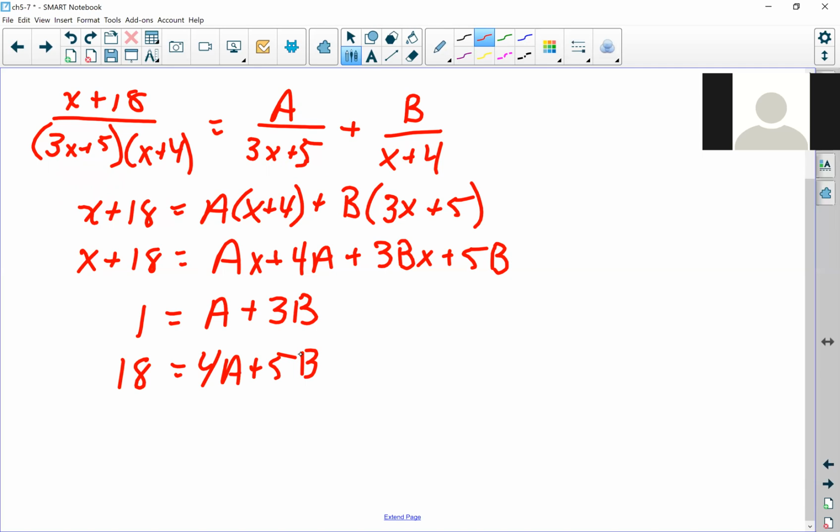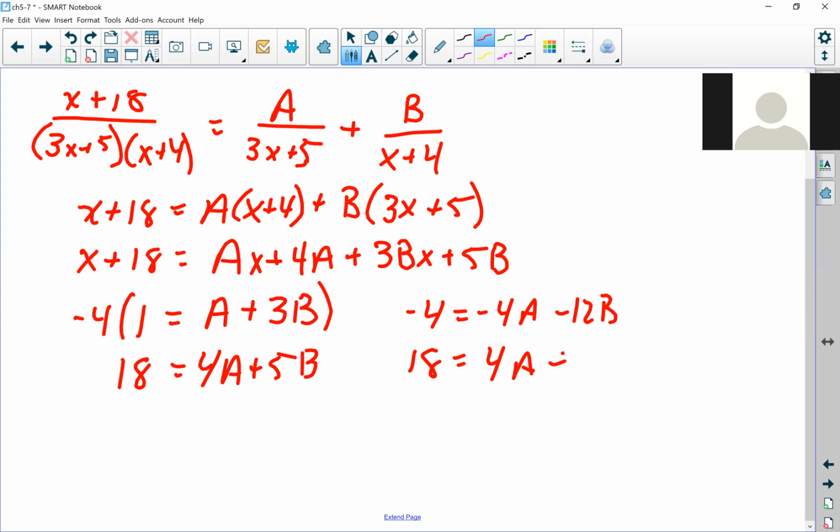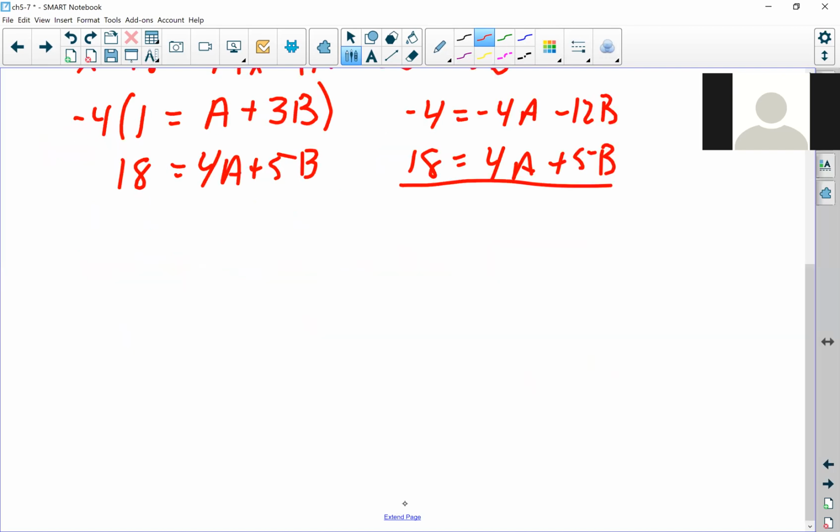So again, you could use either substitution or elimination. I'll be honest, for these, I normally use elimination. So I would multiply this top equation by -4 and then add.